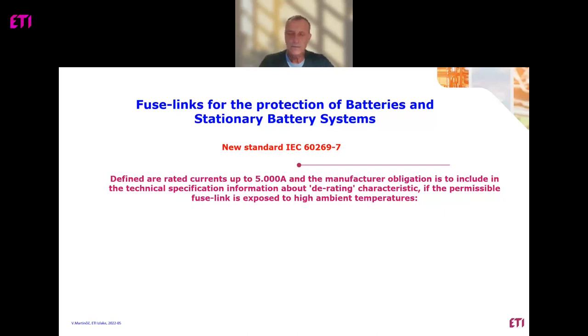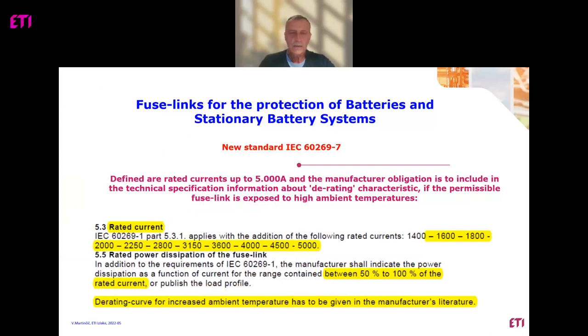It is very usual that battery storage systems are installed in ambient temperatures higher than 40 degrees. So equipment which is installed there should have special characteristic or should be defined with information about derating.